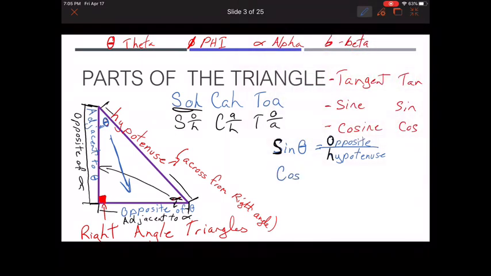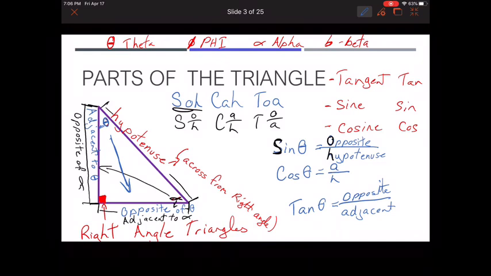As you can probably figure out by now, cosine equals adjacent over hypotenuse. And our one for today, tan theta equals opposite over adjacent. So that is SOHCAHTOA. Learn that.